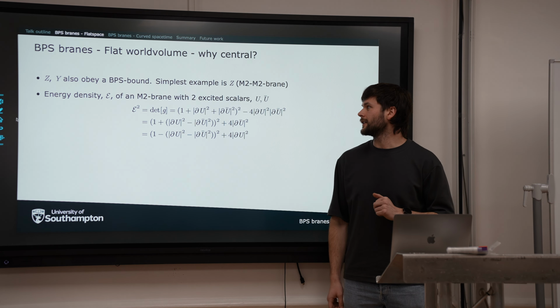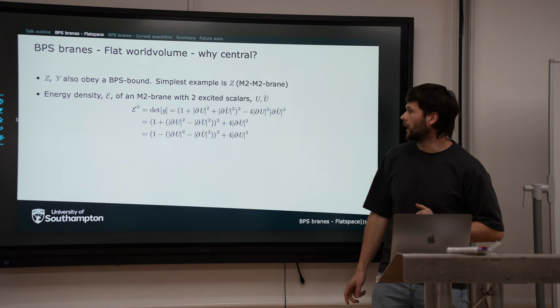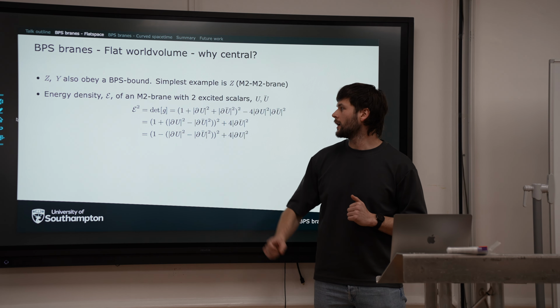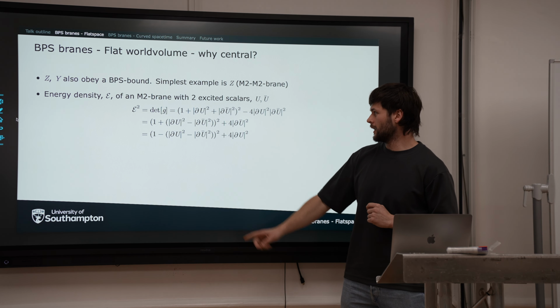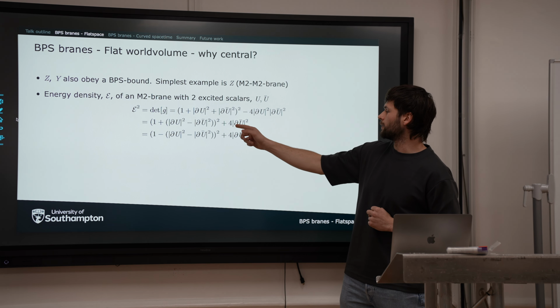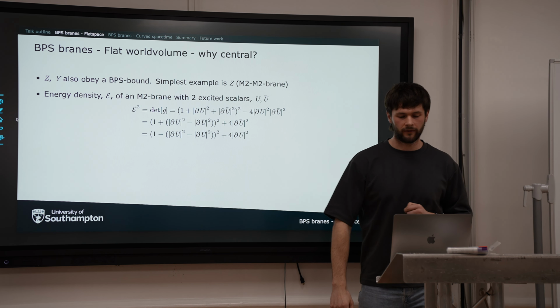If you take the energy density of an M2 brane with 2 excited scalars, U and U bar, then you notice that there are 2 equivalent ways of writing this, one with a plus and one with a minus sign. The plus sign is followed by an anti-holomorphic piece, while the minus sign is followed by a holomorphic piece.